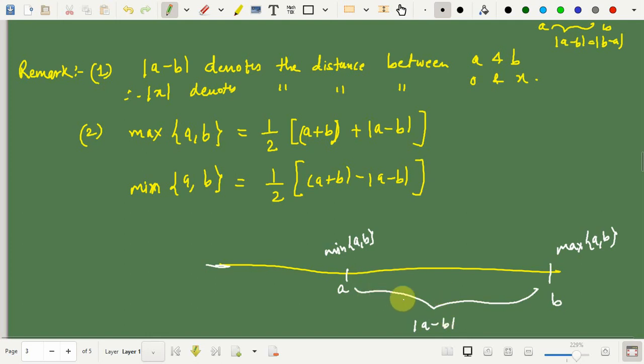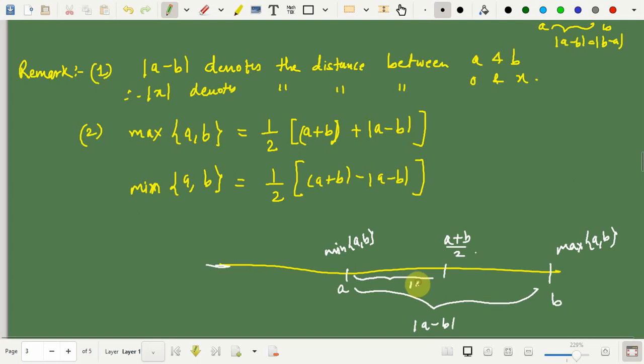So, this distance is mod of a minus b, and now if I find the center of this a and b, that is the midpoint of a and b, it is exactly given by a plus b by 2, and therefore, this distance would be half of this distance.